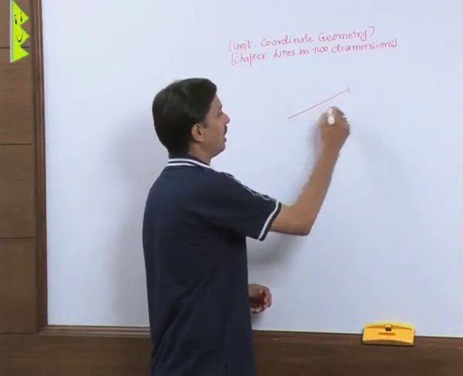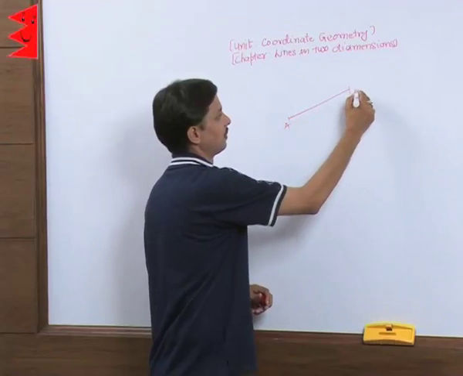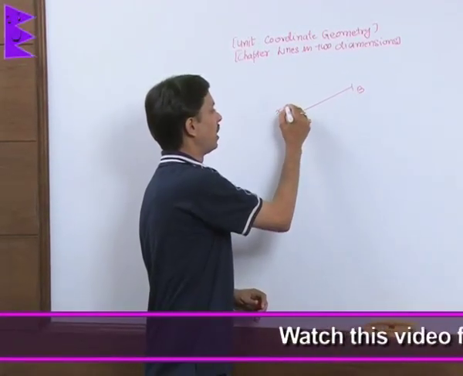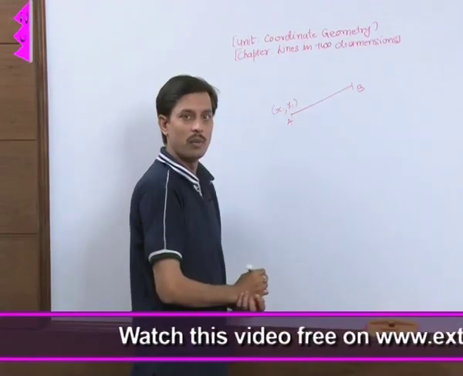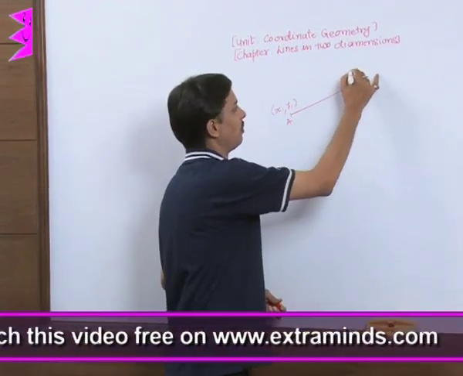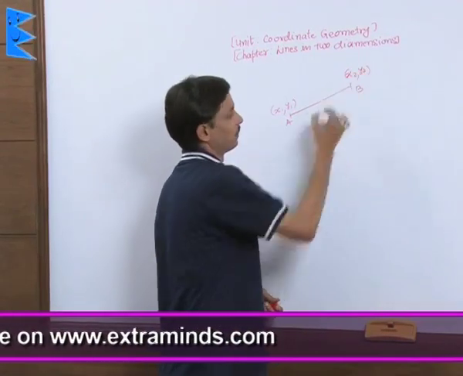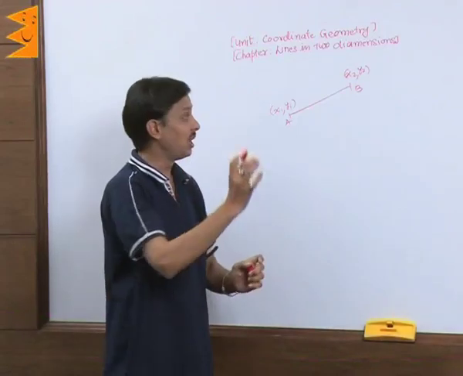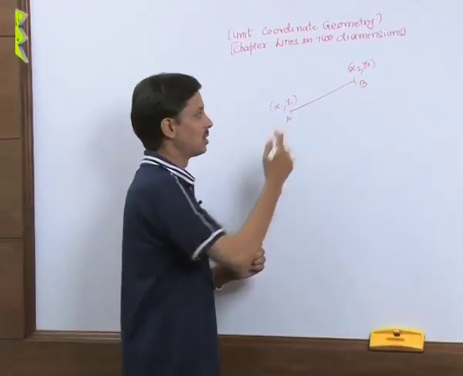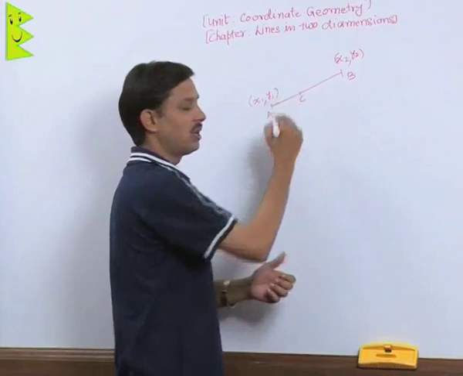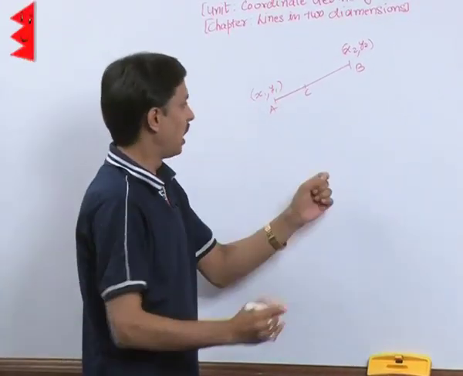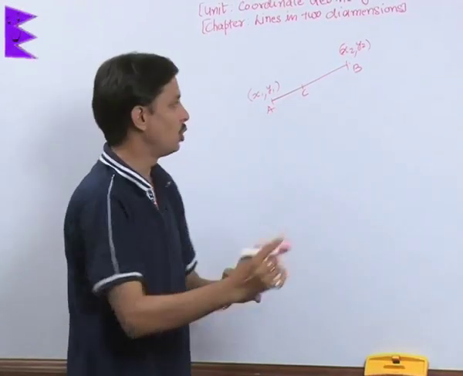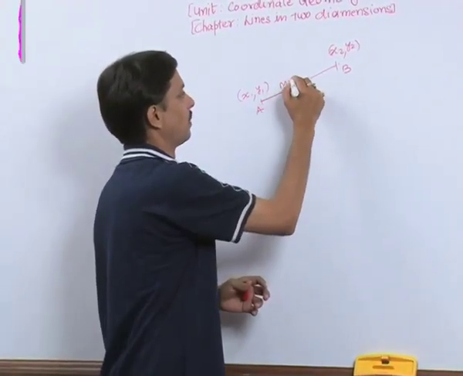Suppose we have any line segment AB, and the coordinates of point A are x1, y1 and coordinates of the point B are x2, y2. In between A and B, internally on the line segment AB, suppose there is a point C. The length AC and length CB are in the ratio of m is to n.